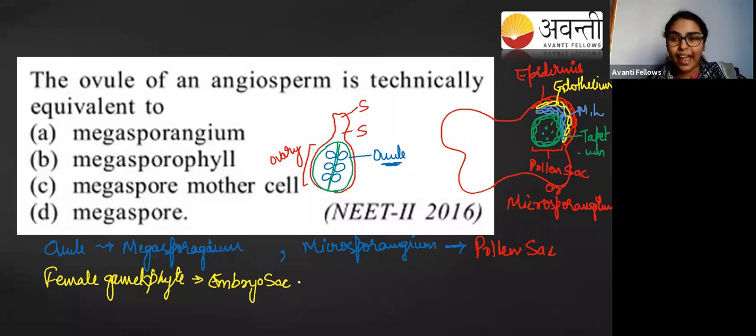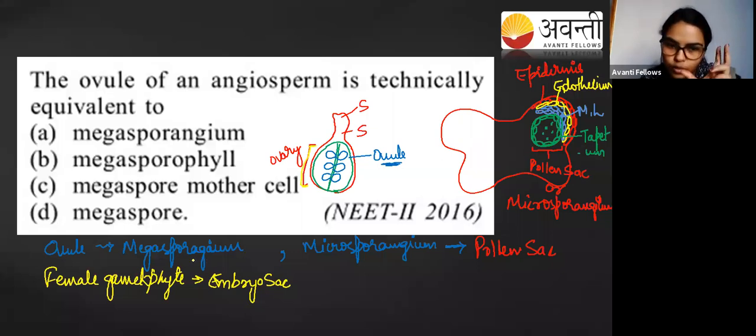Ovary is actually the female part. This is gynoecium. This entire part is ovary. But inside ovary, there are plenty of things, right? Inside ovary, there are many ovules. Ovule is called megasporangium, which contains megaspores.